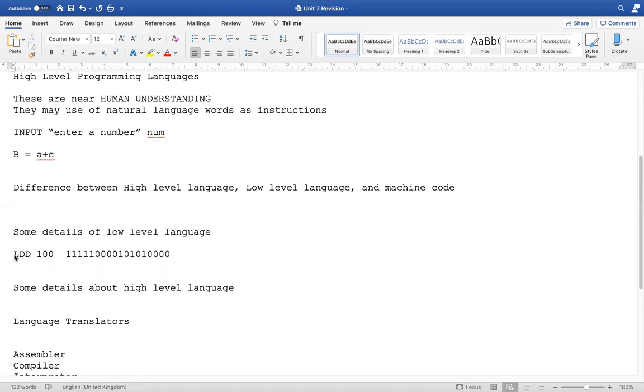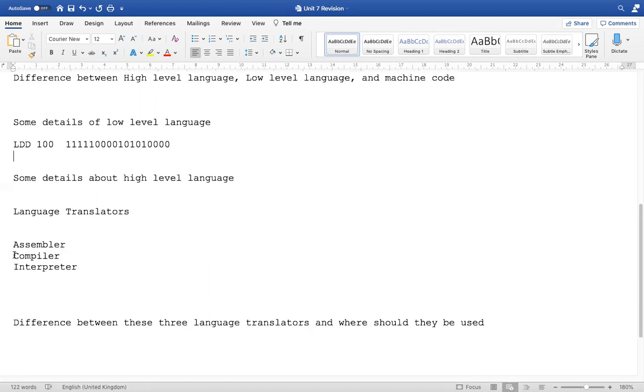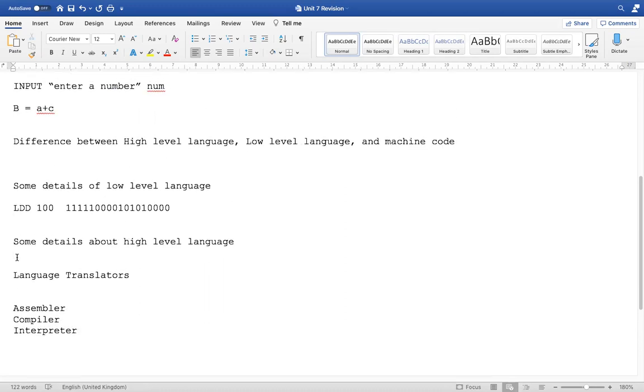Now, another thing is that if you look at high-level languages, say I'm doing something like this: A is equal to B plus C. This apparently looks like a single line to me, but if I were to convert this into machine code, this would result in possibly 2 or 3 lines.